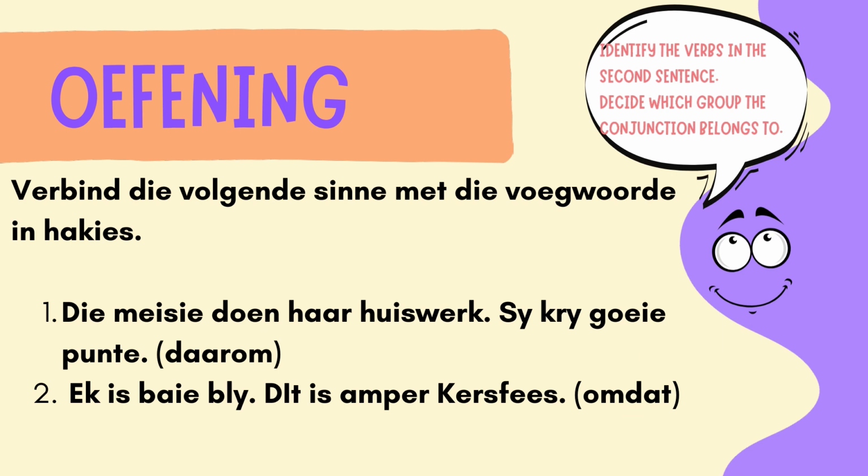Jack is worried, his bag has disappeared, and the conjunction is because. Okay. So omdat and because mean the same thing. Omdat and want mean the same thing. They both mean because, but remember they belong to 2 different groups. Okay, in Afrikaans they belong to 2 different groups. So I want you to do this exercise in your notebook, and once you're done, move on to the answers.